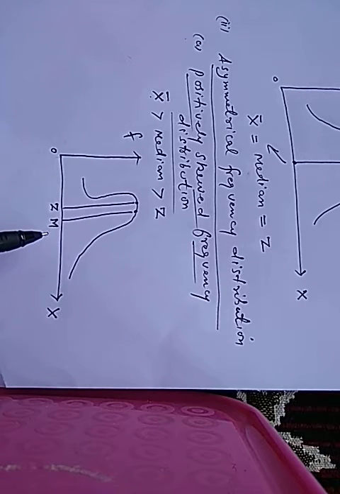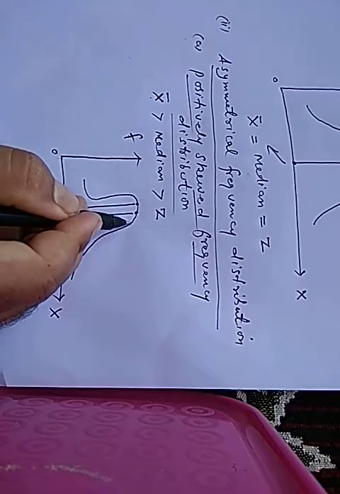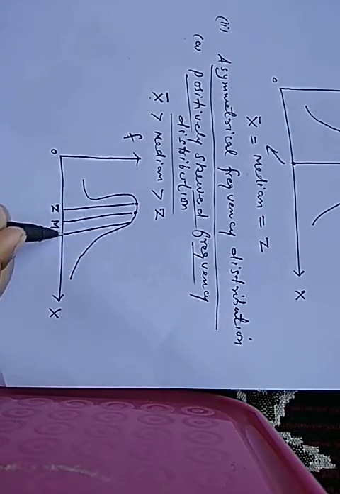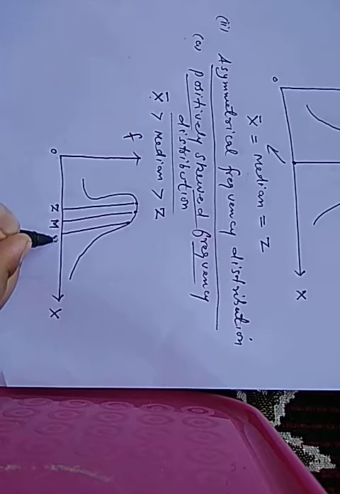I will denote median by m. Consider it is the median, and this point shows the value of arithmetic mean, x bar.